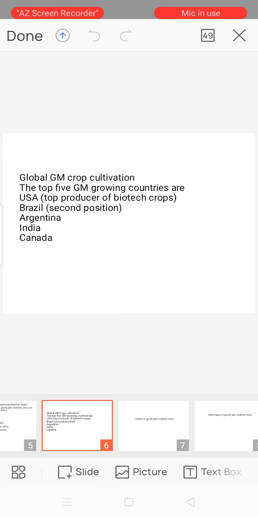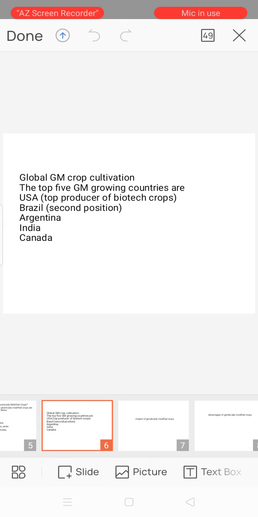And global genetically modified crop cultivation. The top 5 genetically modified crop growing countries are USA, second Brazil, third Argentina, fourth one India, and fifth one Canada.